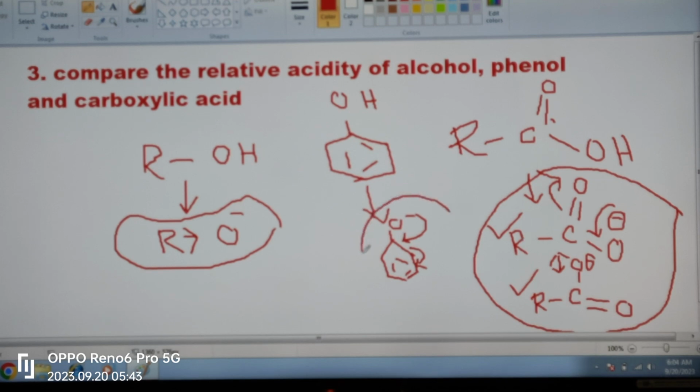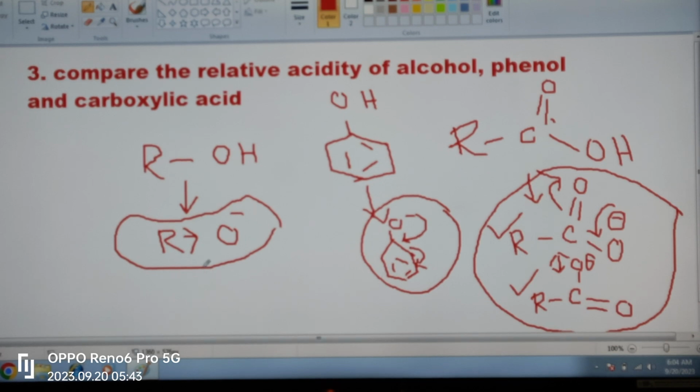Then phenoxide ion is stabilized through resonance, and after this the alkoxide ion has no extra stability. In the case of some special compounds, there may be some stability factor, but for normal alcohol, the alkoxide ion is not stable. There is no stability factor.